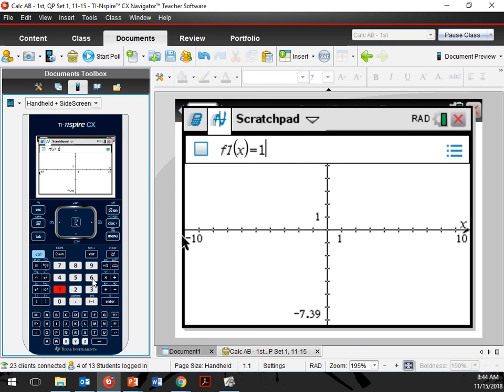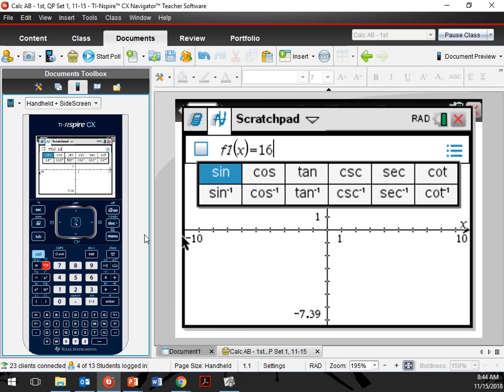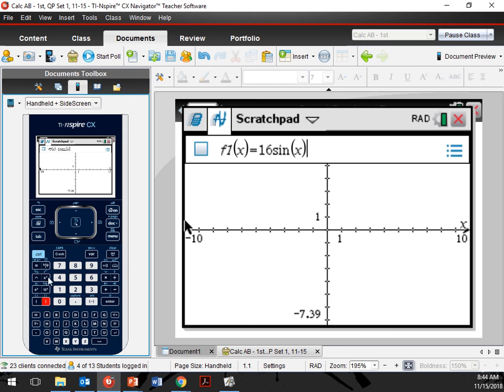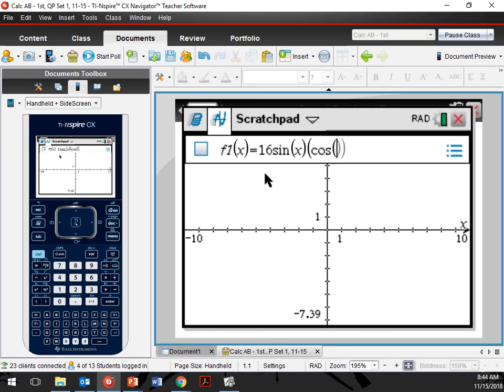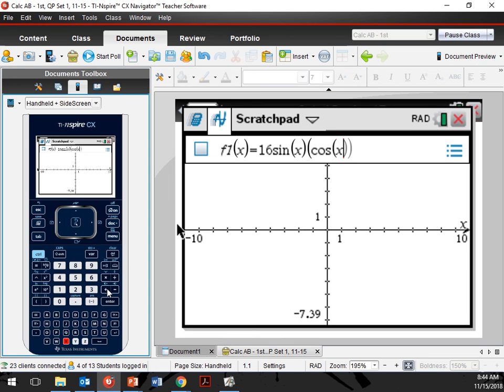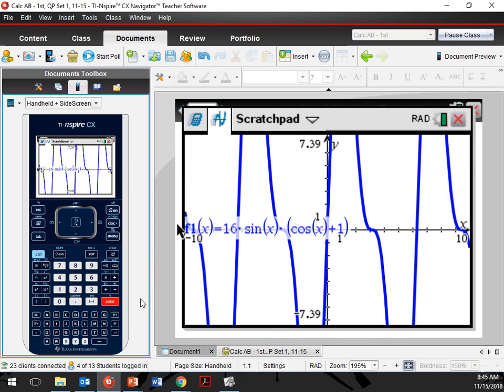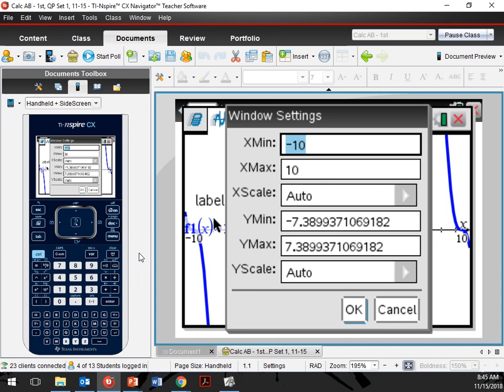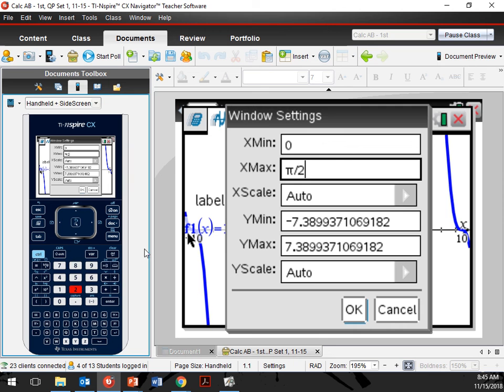It was 16 sine x, open, close, cosine x, plus 1 right here. And where's my interval? From 0 to pi over 2, so I change my window to 0 to pi over 2.